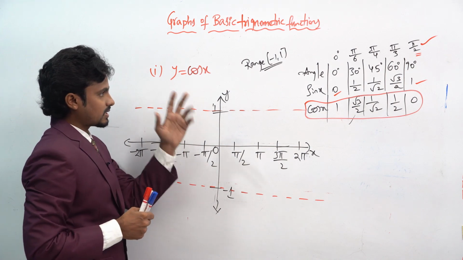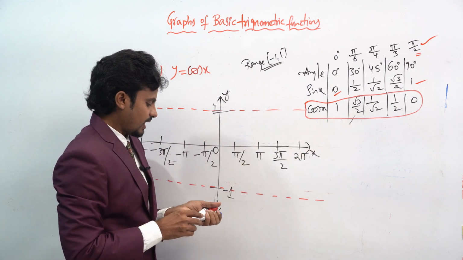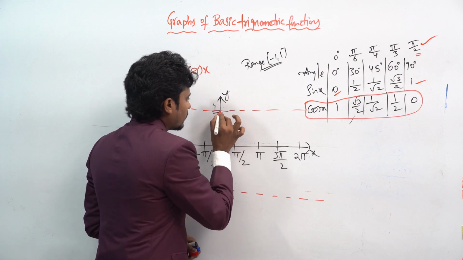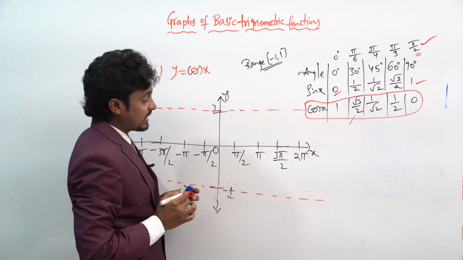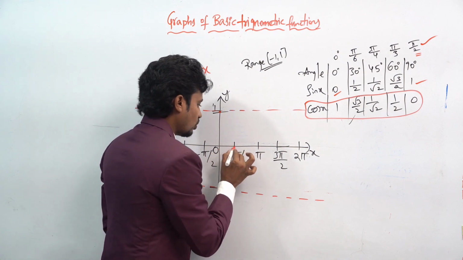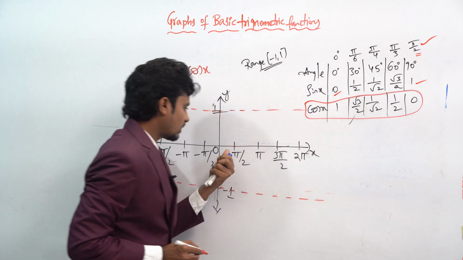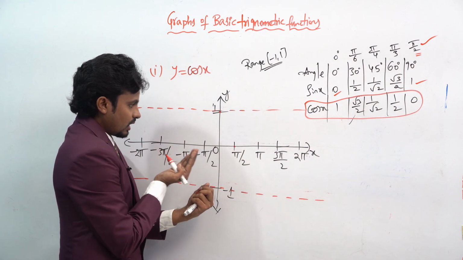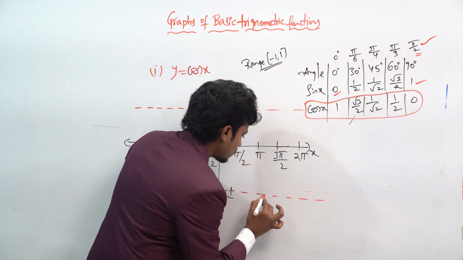At 0 degrees what will you get? You will get the value 1. That means at 0 you will get the 1 here. At pi by 2, at 90 degrees, you will get the 0. Here 0. And here if you want to take at pi, what will happen? Pi will become the minus 1.